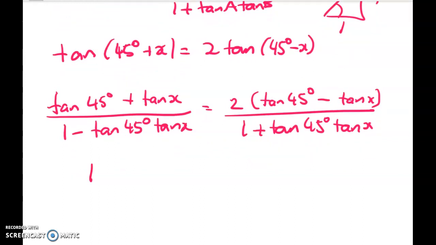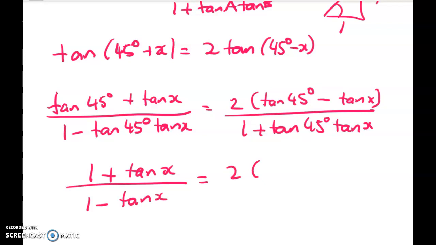Right, so now we're going to substitute in 1. We get 1 plus tan x. Quite a nice wee question. 1 minus tan x equals 2 times 1 minus tan x over 1 plus tan x.